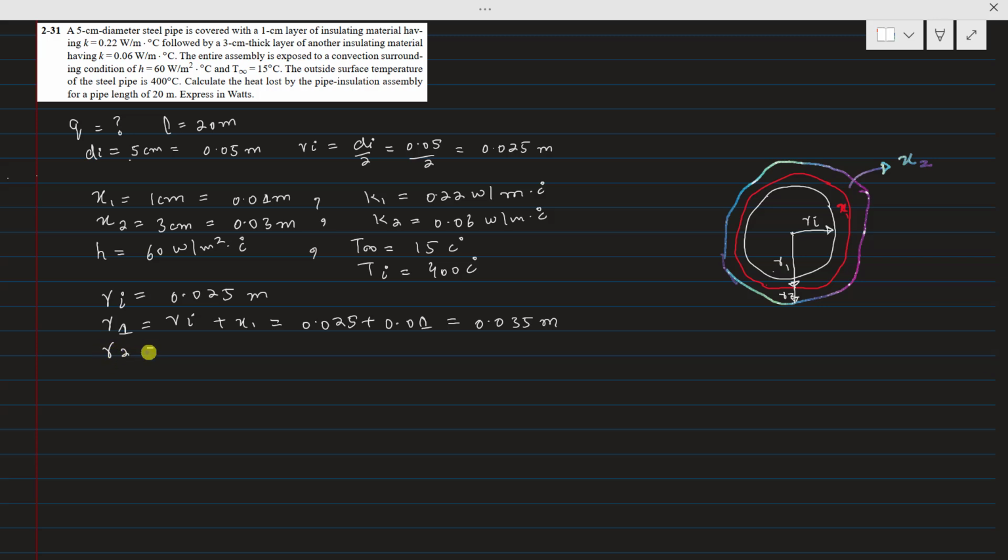Now R2 will be equal to R1 plus x2. If you look at this diagram, to find R2, it will be equal to R1 and this extra portion of insulation that is provided, that is x2. So R2 is equal to R1 plus x2, that is 0.035 plus 0.03. After adding, you will get its value, that is 0.065 meter.